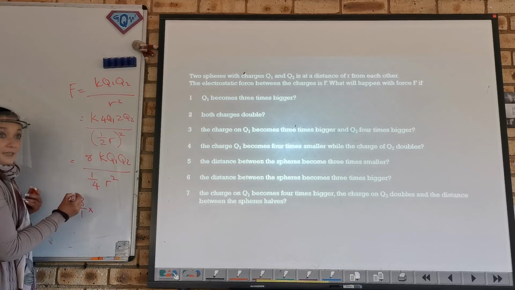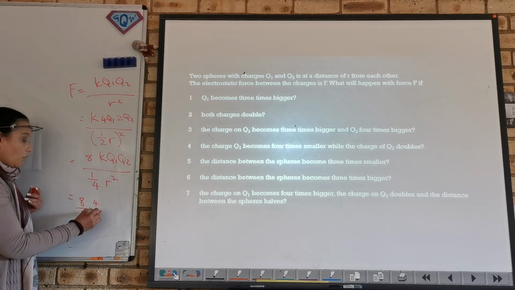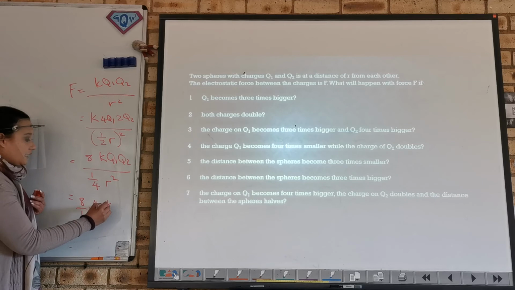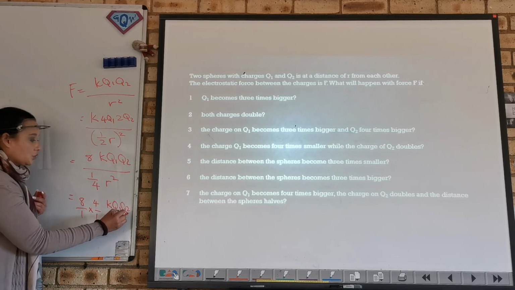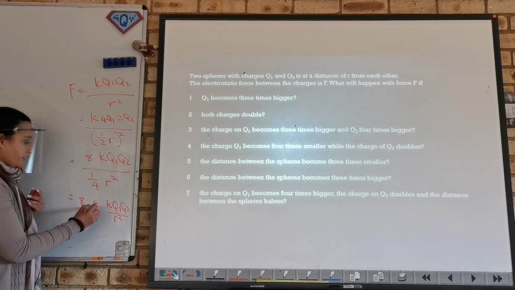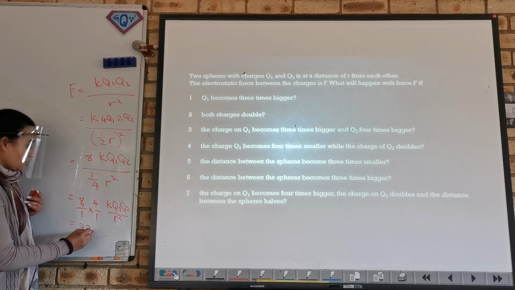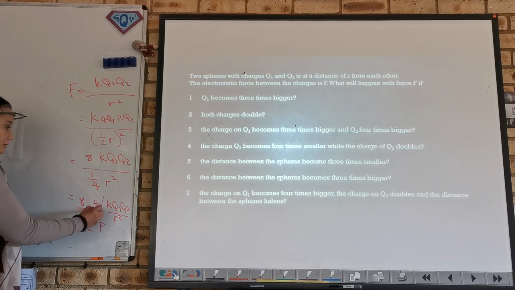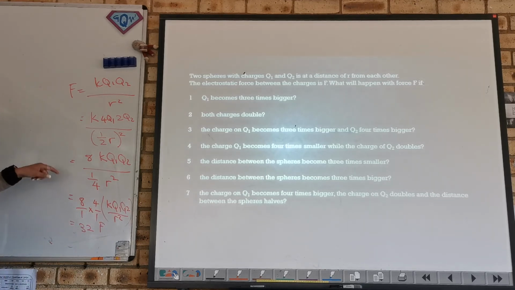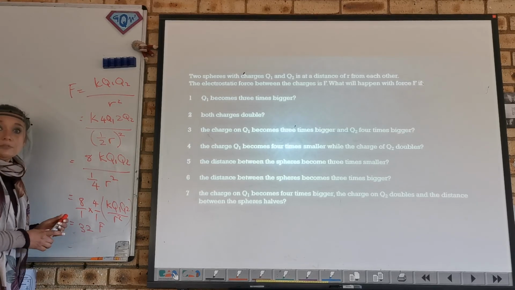Times by, if I tip and times to bring that up, it's going to be 4 over 1. Agreed? k q1 q2 over r squared. That gives me 8 times 4, which is how much? 32. I have 32 F. Do you see it? Yes? And this is where using the equation becomes really, really handy. Okay, we can stop for now.